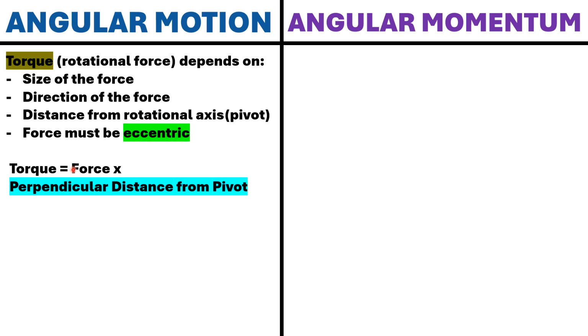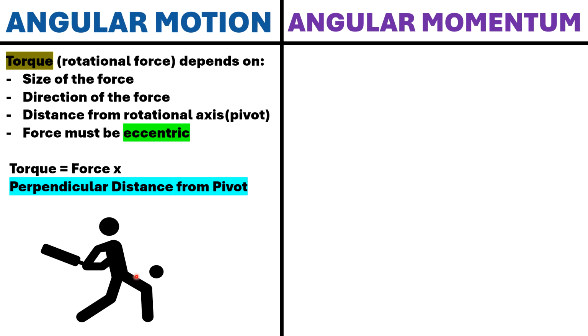Its formula is that it equals force times perpendicular distance from pivot, or distance from the rotational axis, same thing. An example of this would be when batting a baseball bat. This would be the perpendicular distance from the pivot, which is the hand, because they're what cause the rotation, okay?